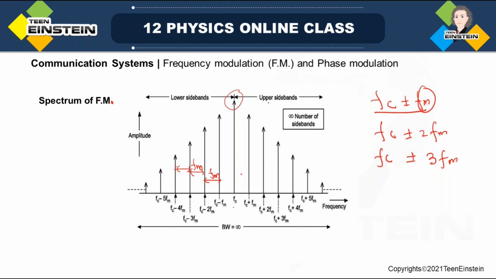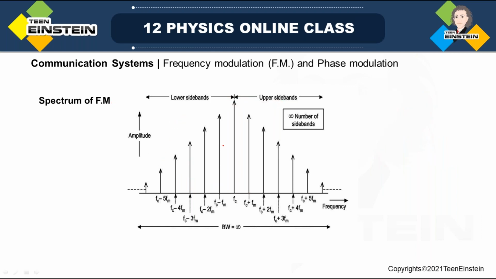These are called upper bands, as you see, and here these are called lower bands. And the amplitude, in this case, actually gets modified. Only the carrier amplitude is more, and then generally the amplitude of the higher side bands will be reducing as you go to higher and higher side bands.